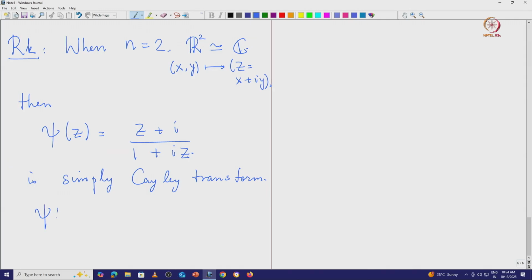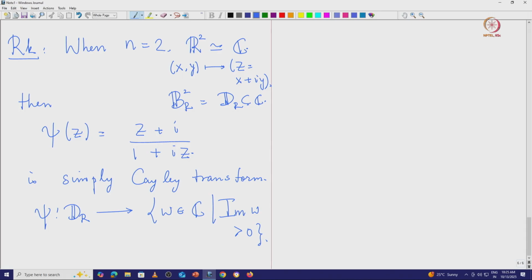So psi in this case, the ball of radius r is basically just the disk of radius r in C, and the upper half space is simply the set of all complex numbers w whose imaginary part is positive, okay.